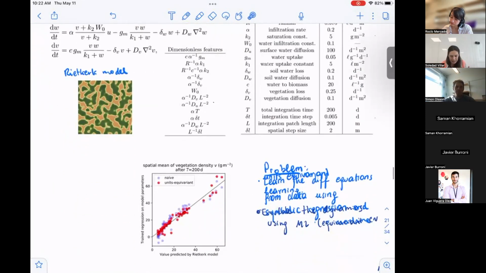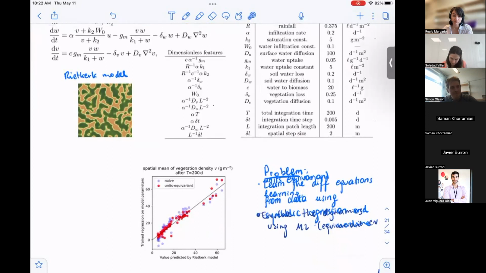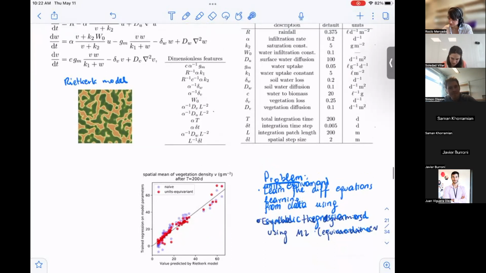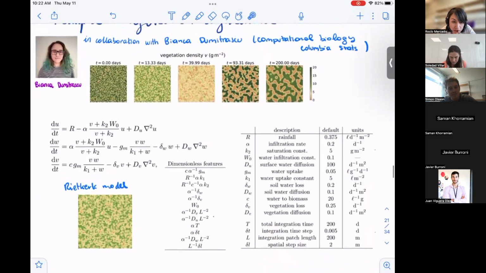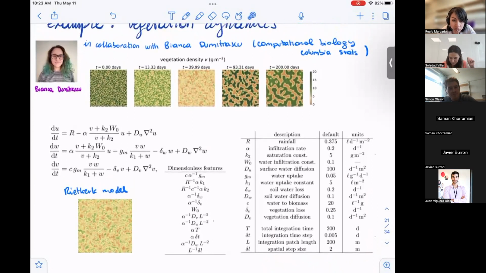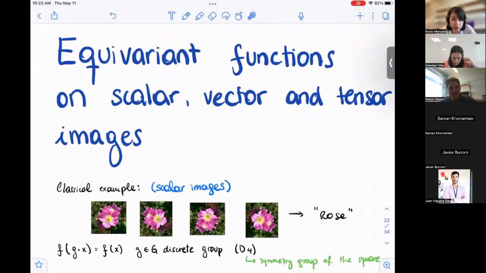We gain a little bit. Oops, this is not okay. I don't know why it's broken, but yes, we can gain a little bit by doing it in a dimensionless way versus a not dimensionless way. But it's not overwhelming, but it does produce some improvement.